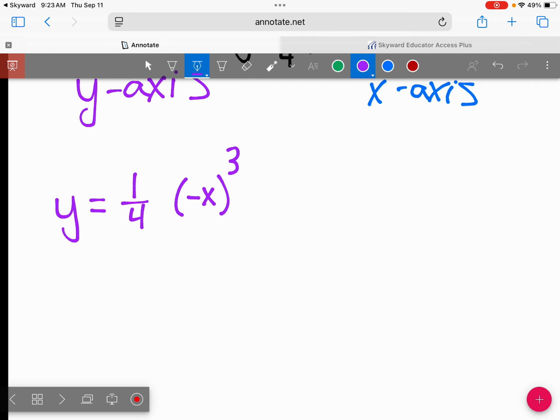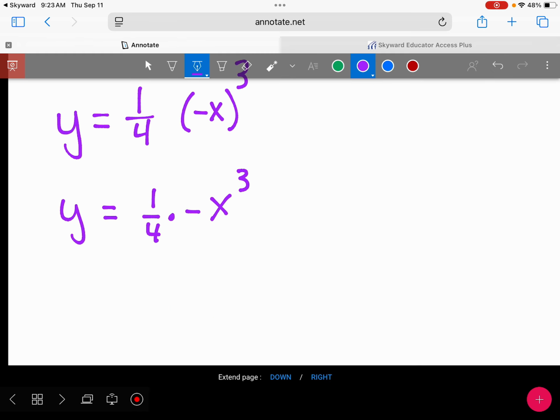So this would be the exact same thing as 1/4 times minus x cubed, or the same thing as y equals negative 1/4 x cubed. Either way, does it match what we started with? Nope. So we do not have y-axis symmetry here.